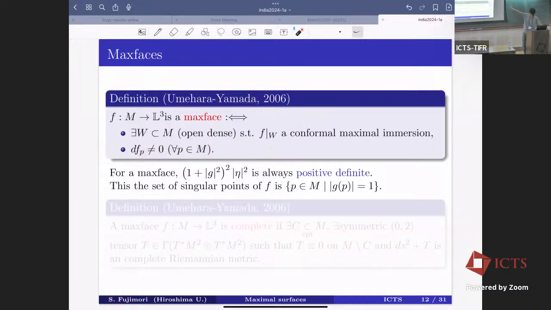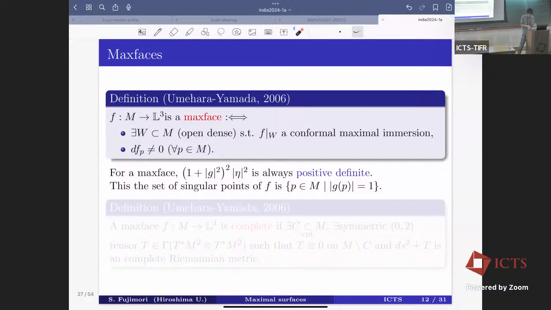In the maximal surface case, the same thing holds. So we need this to investigate the surface's very interesting properties. So they define the maxface space this way, and isolated singularities are not allowed.